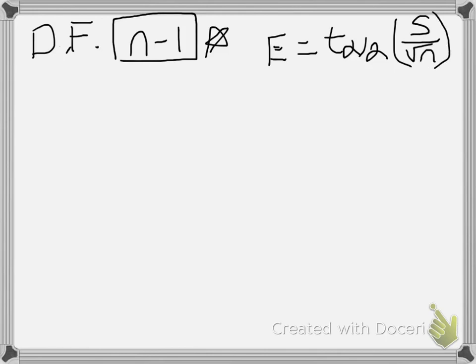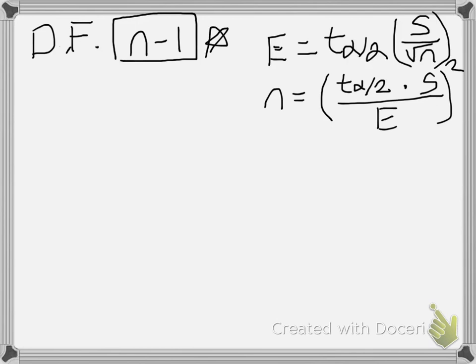Or as it does tell you on your sheet, n is equal to the quantity t of alpha over 2 times s over E, squared.